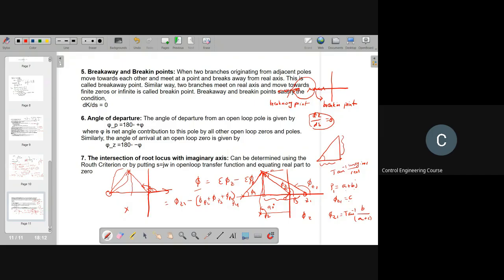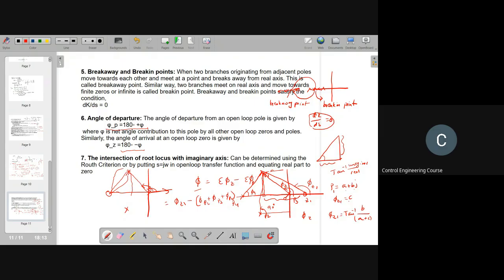Then the angle of departure will be 180 plus that phi. In case there is a complex zero, then it is the angle of arrival, not departure, and that will be 180 minus phi. Is it clear? It's not difficult, but you need to focus a little bit on this.